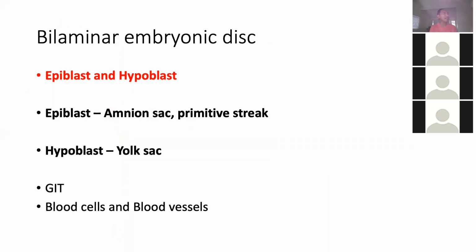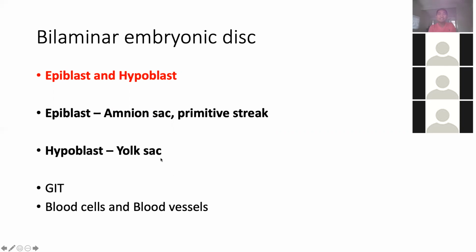So the bilaminar embryonic disc, which we saw, has epiblast and hypoblast. Epiblast will create the amniotic sac, we have seen it, and it will also develop into the primitive streak. This is a little structure which we will see in the later part of the lecture. And hypoblast, we know, will develop into the yolk sac.